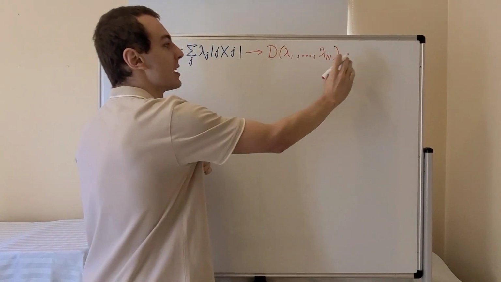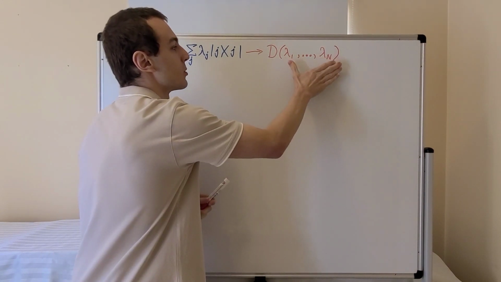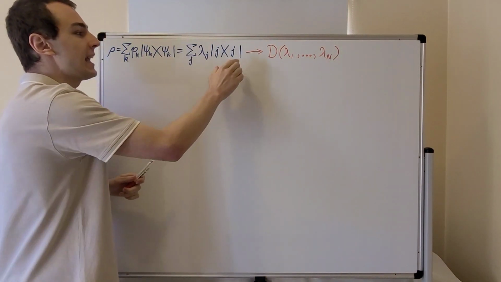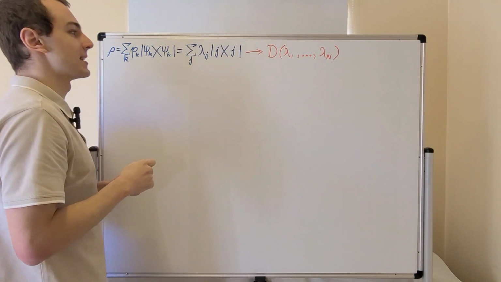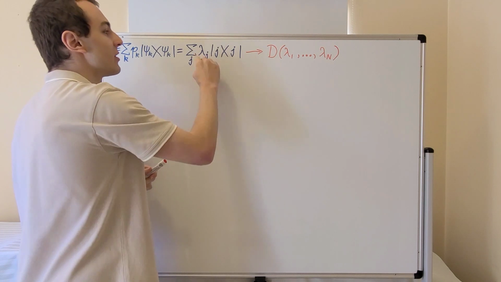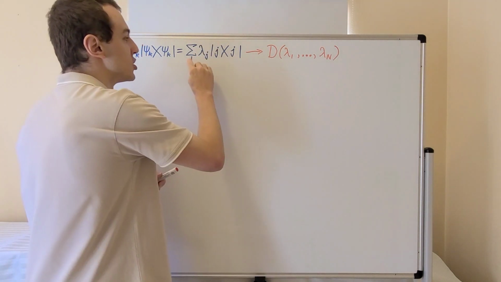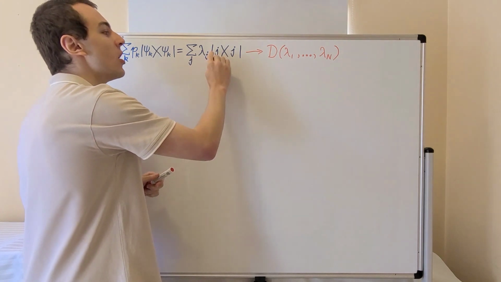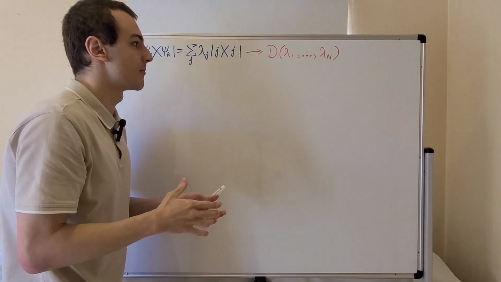So this notation over here is for a diagonal matrix. This is the matrix representation of rho in this basis, which is the diagonalized eigenbasis. So these lambdas over here, you can think of them as eigenvalues. And this j over here is just a label for each of the states that form this eigenbasis.